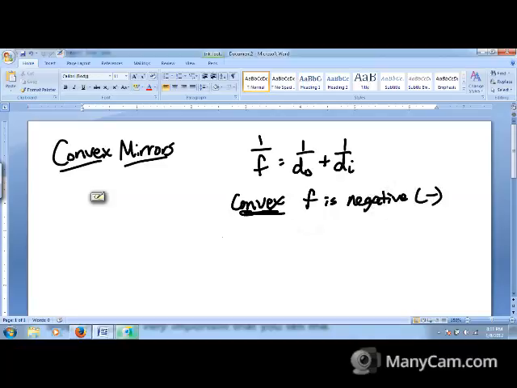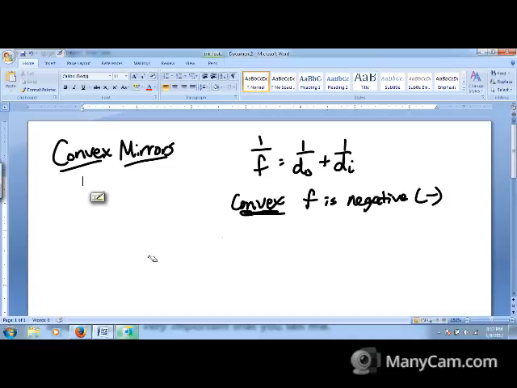For concave, we assumed it was positive, but because we have a situation like this, where we assumed that this focal distance was positive, well, the focal distance has to be over here. Right? It has to be over here. So since it's going in the opposite direction, we call that negative.